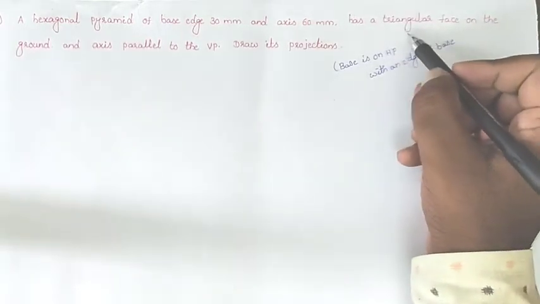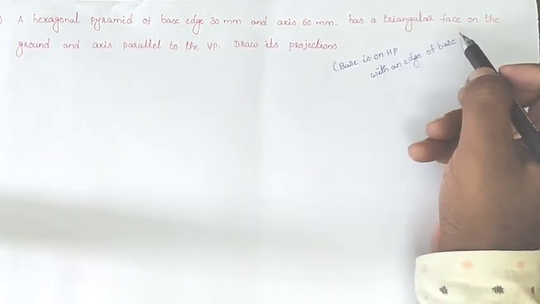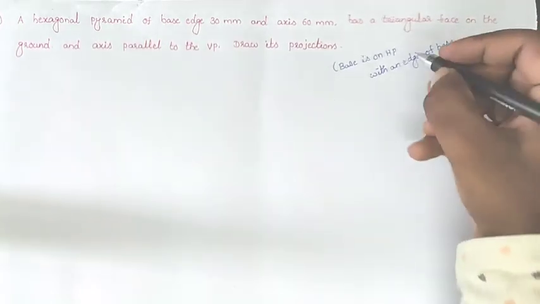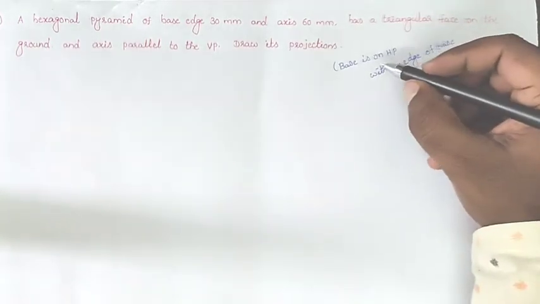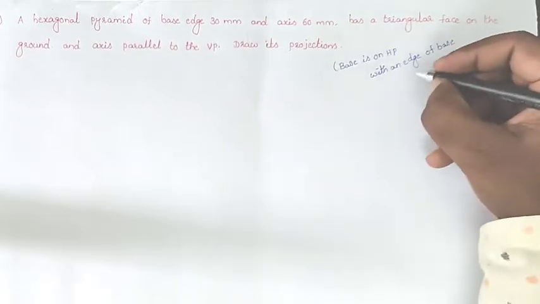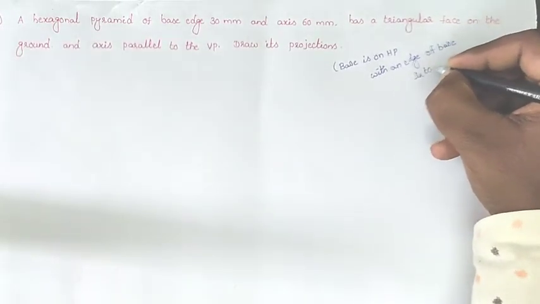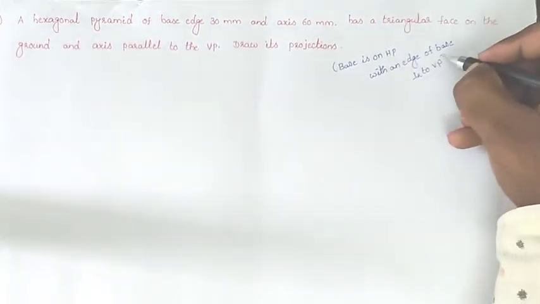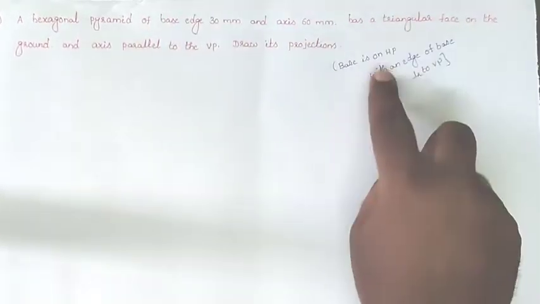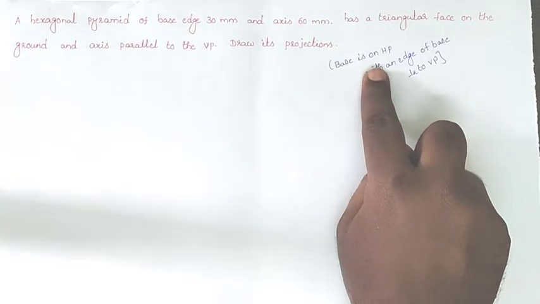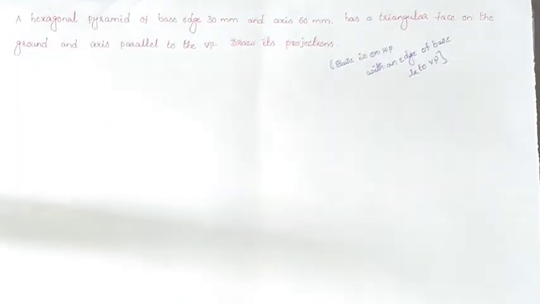So in this problem, when the triangle face on the ground is given, the assumption we follow is that the base is on the HP with an edge of the base perpendicular to VP. Like that we assume and draw the projection. We know that when the base is on the HP, the axis looks perpendicular to the HP, so we will draw the first top view of our diagram.